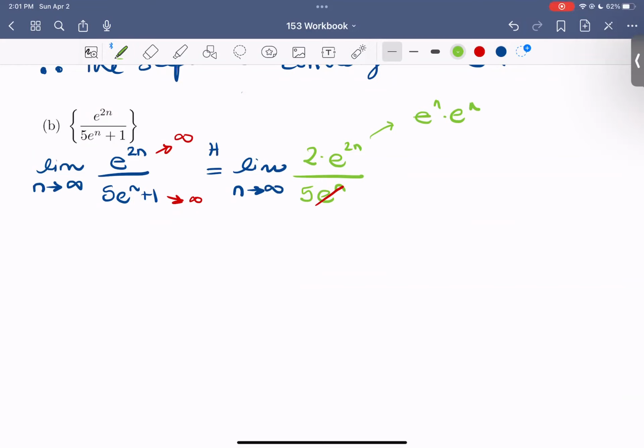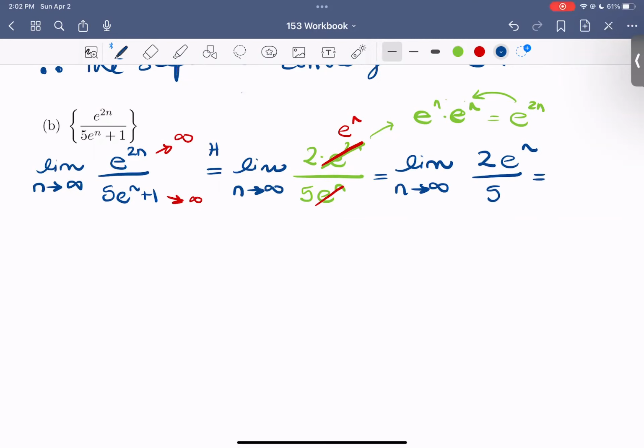That's because when we have the same base, we add exponents, so that would become e to the 2n. Or if we start with e to the 2n, then we could rewrite that as e to the n times e to the n. One of those e to the n's will cancel, and we'll still have one remaining. So this becomes the limit as n goes to infinity of 2 e to the n over 5.